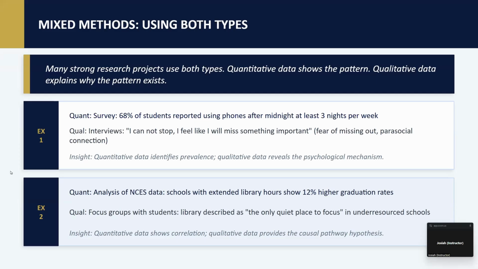So mixed methods, using both types. Many strong research projects use both types. Quantitative data shows the pattern, but qualitative data explains why the pattern exists. Example 1. Quantitative data could be a survey, and it could say 68% of students reported using phones after midnight at least 3 nights per week.